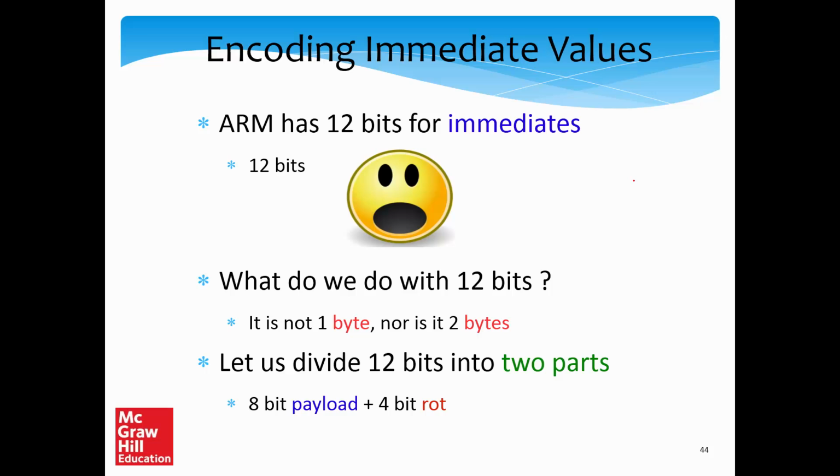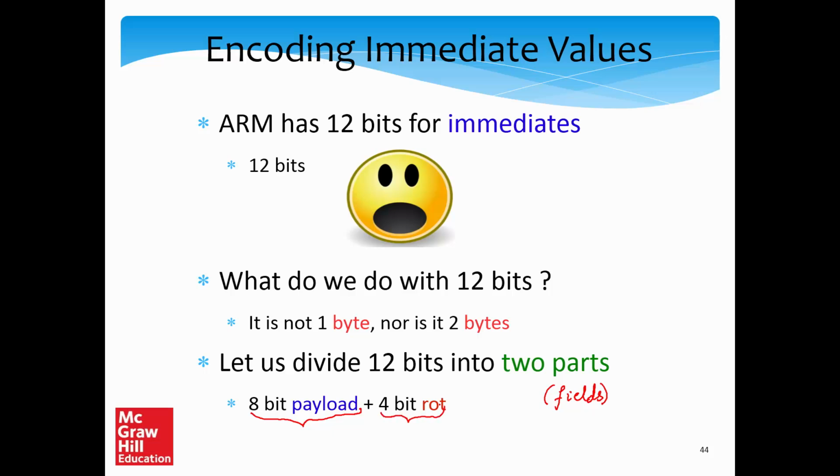Encoding immediate values is kind of tricky in ARM. ARM has 12 bits for immediates. 12 is a bad number. It's not 8, it's not 16. So it is essentially not 1 byte, nor is it 2 bytes. So let us divide the 12 bits into 2 parts, or 2 fields. Let one be an 8-bit payload and the other a 4-bit rotation value.